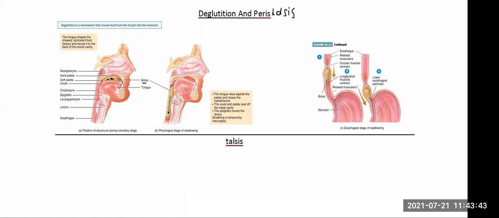So when the food is moving in the esophagus, it should not go into the nasopharynx.